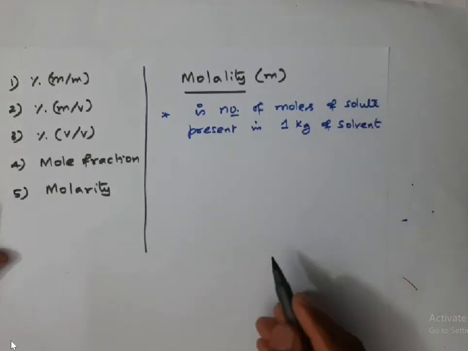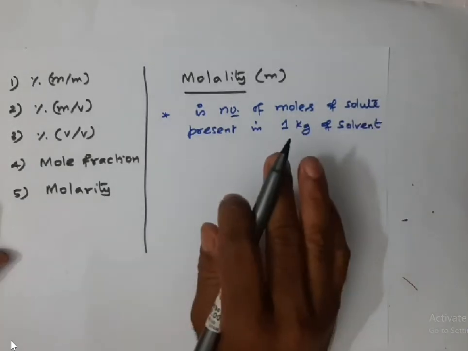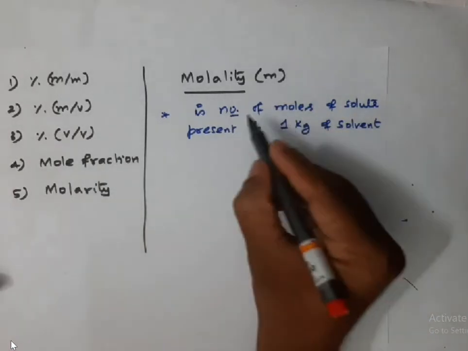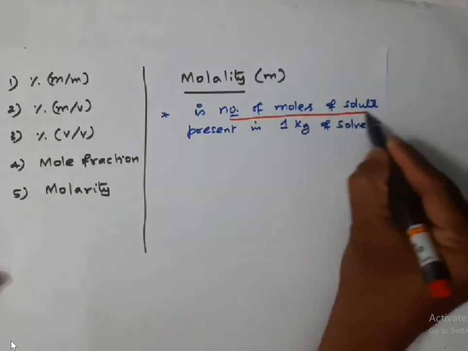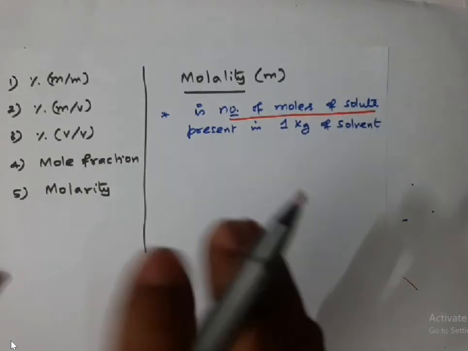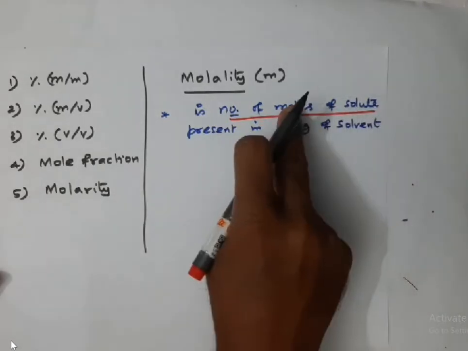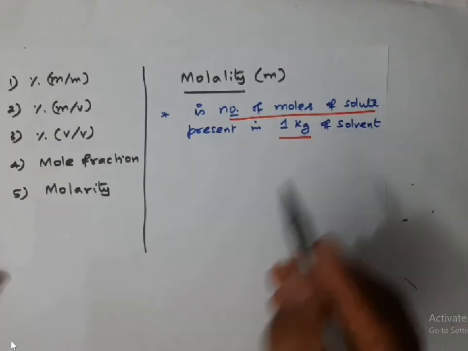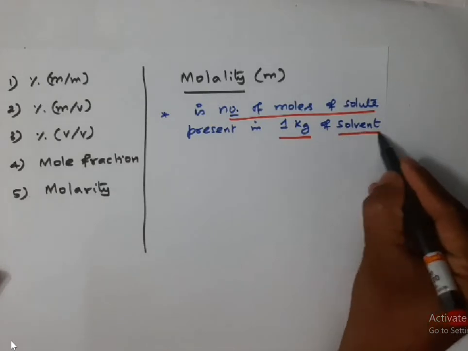See here, you have to note a few things. Molality is the number of moles of solute. You must express solute in terms of moles, and you should take solvent, not solution.